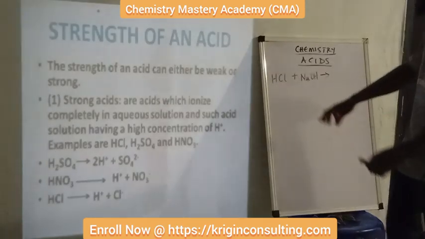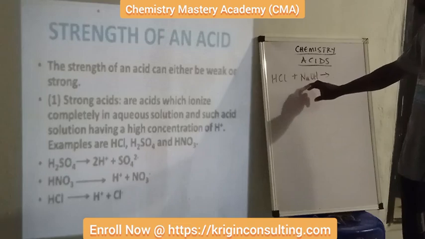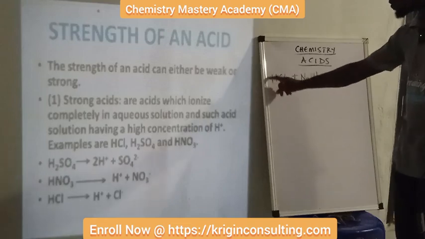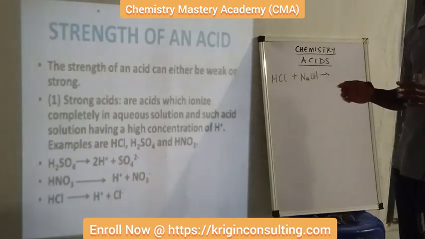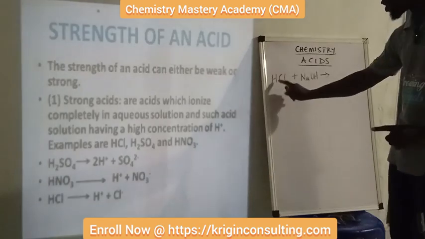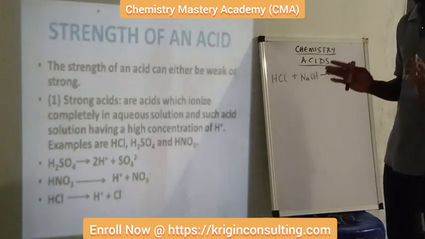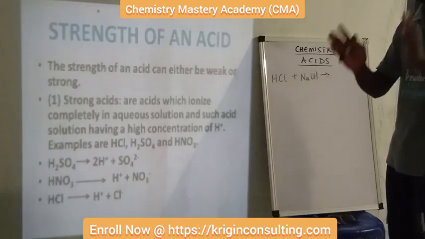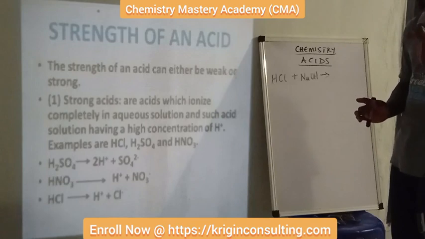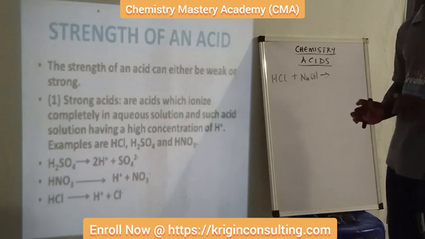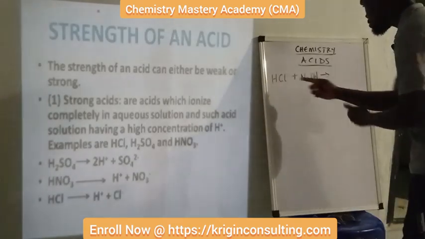When it's reacting with this alkali, this aqueous base, all of this hydrogen that it has, it will give it out. Because it gives out all of this hydrogen that it has, automatically that places it in the category of what? A strong acid. That's why we say that strong acid are acids that ionize completely in what? Aqueous solution.